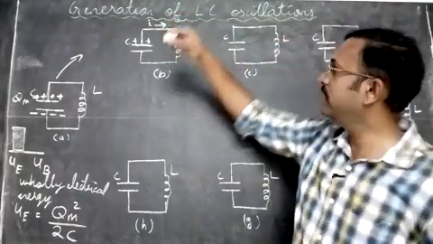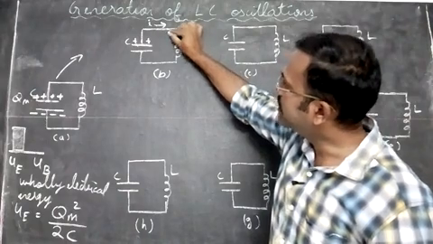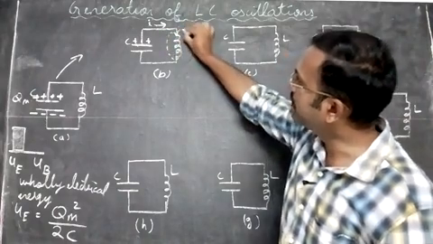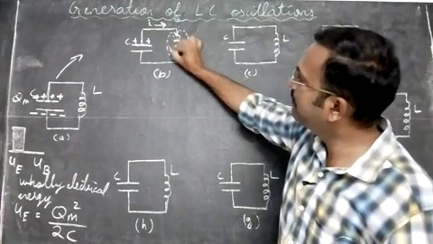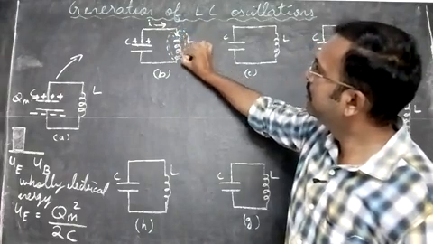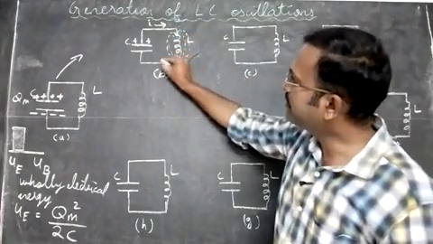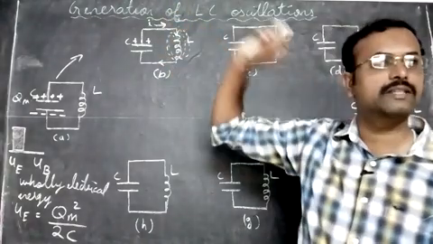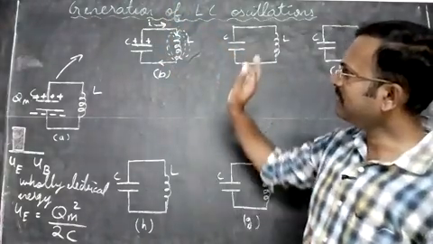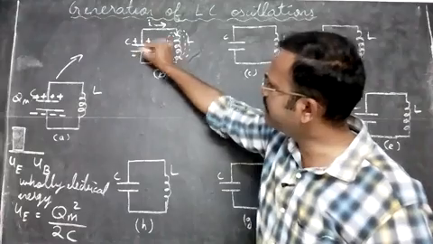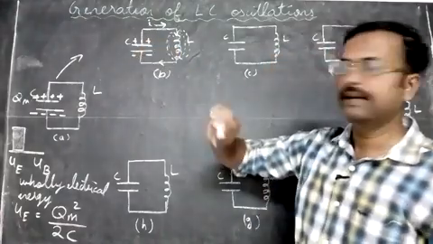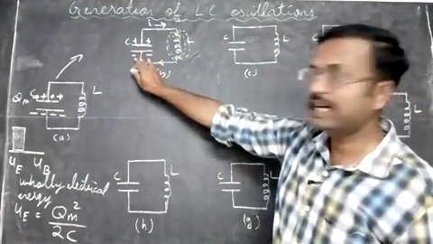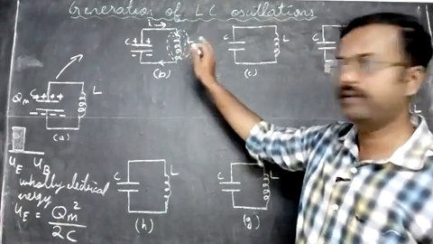When current is flowing in the coil, it will produce a magnetic field. We know that a coil produces a magnetic field. This is the magnetic field here, and the current flows clockwise. Now, on this side we have 2 negative charges. So we have electrostatic energy and magnetic energy, and they are equal.